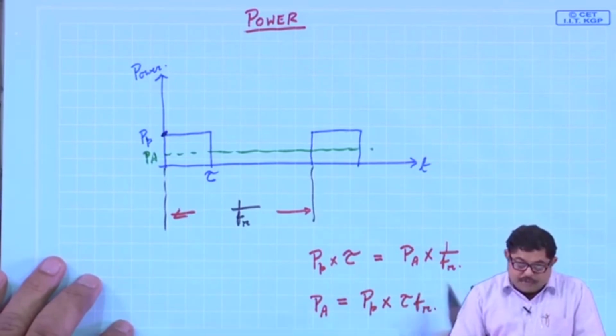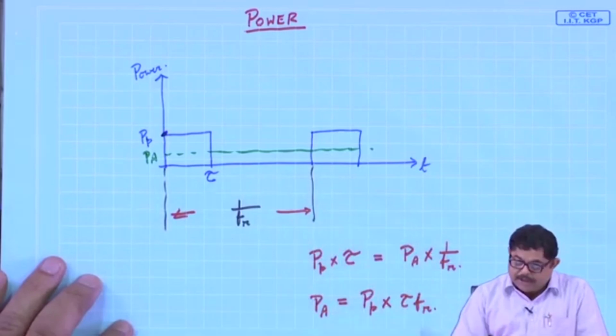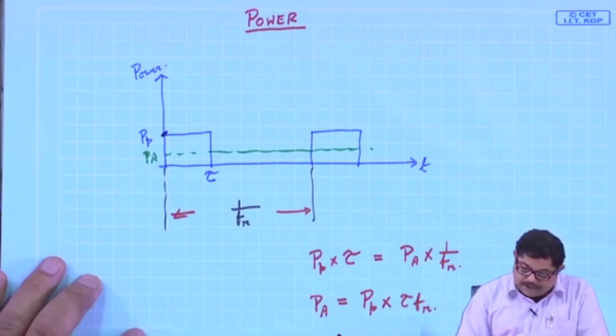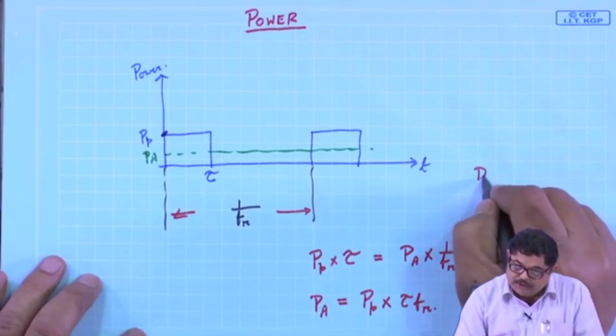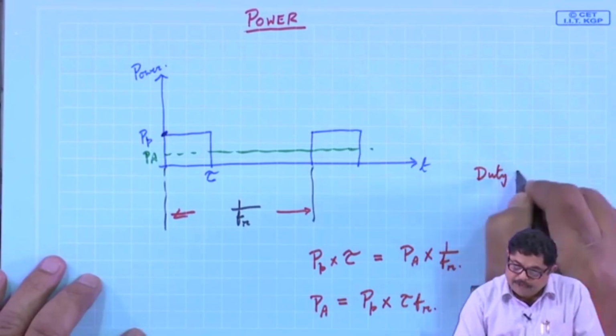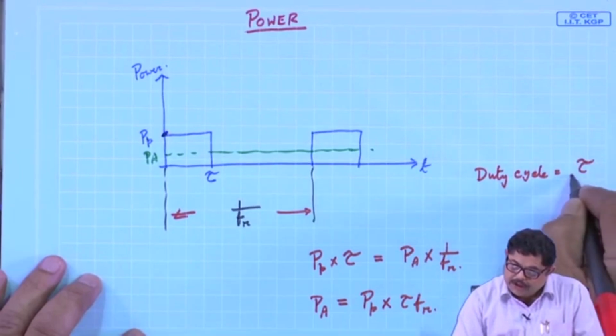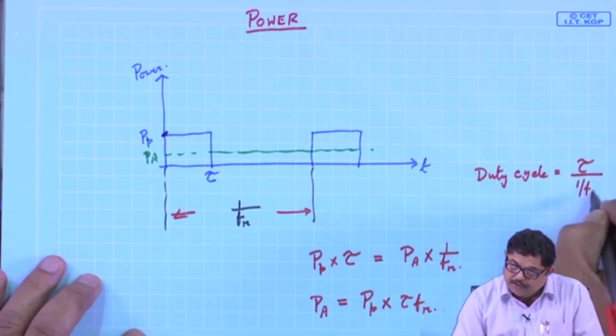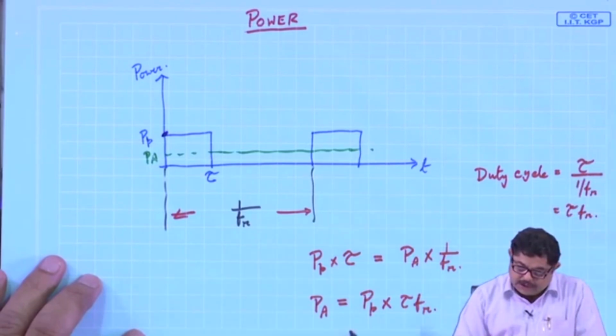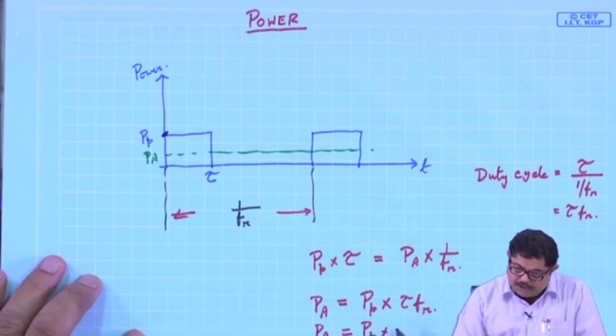Now, for a repetitive pulse, we have a concept of duty cycle. So, what is duty cycle? Duty cycle is the on time by the total time. So, that turns out to be tau into f r. That means, we can also write that P A is equal to P P into the duty cycle of the pulse.